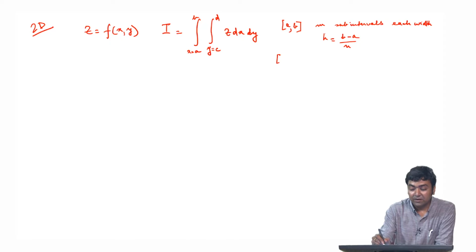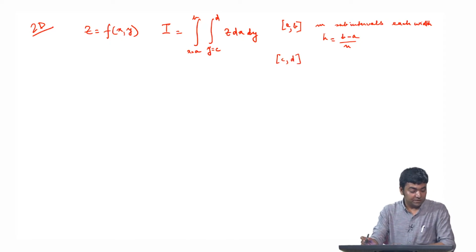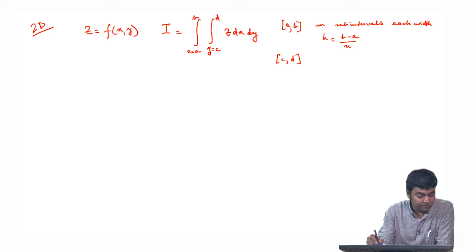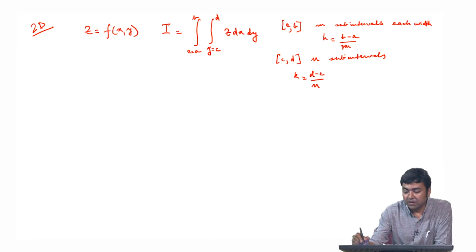Similarly, the interval c to d, I split into n subintervals, where the width of each one is given by (d minus c) by n.